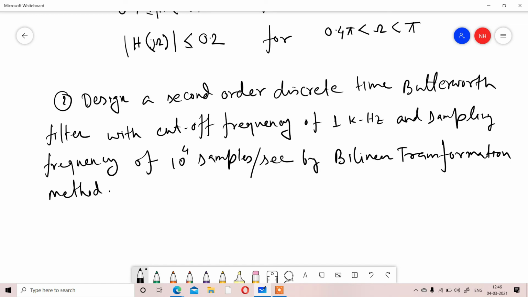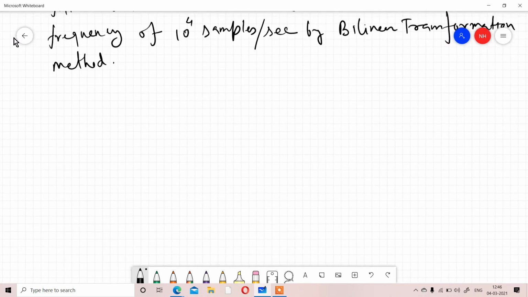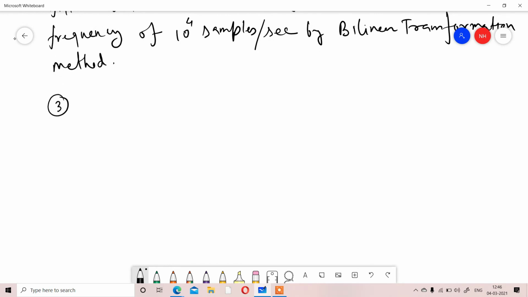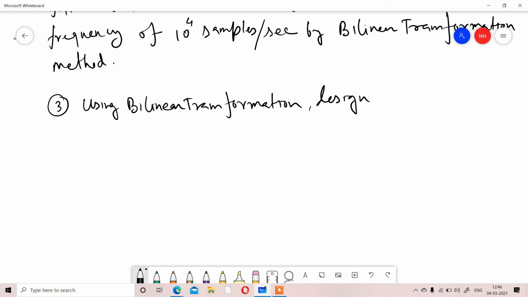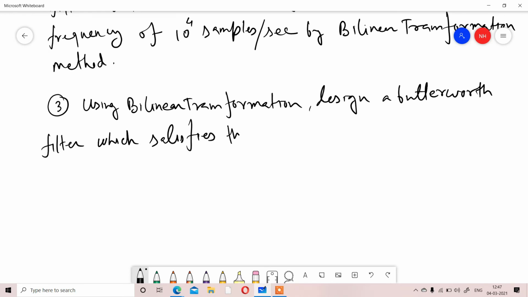Next is, using bilinear transformation, design a Butterworth filter which satisfies the following conditions.